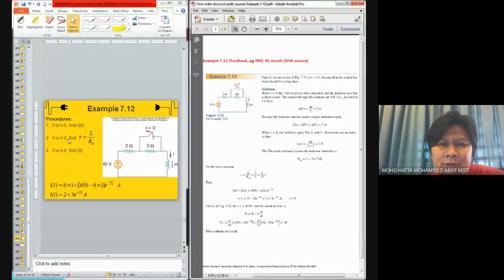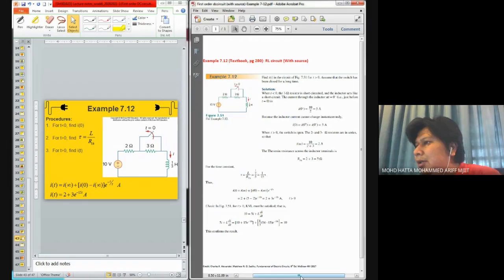Later on, you start working on t greater than 0, to find the value of tau. And then the third step is to write down your equation. Write down means that you need to write this kind of equation. Since you already know the value of I naught and I infinity and also tau, you can write your equation back.